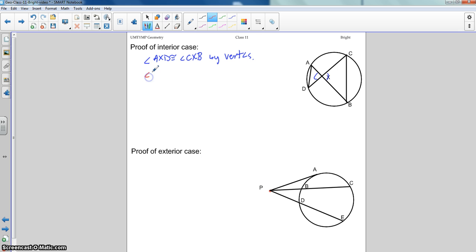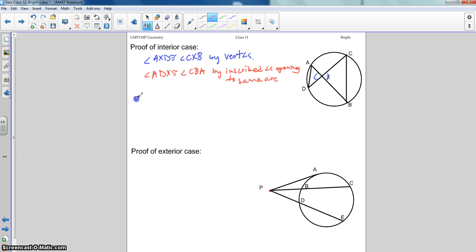So angle ADX is congruent to angle, I have to be careful here, CBA, by inscribed angles opening to the same arc.